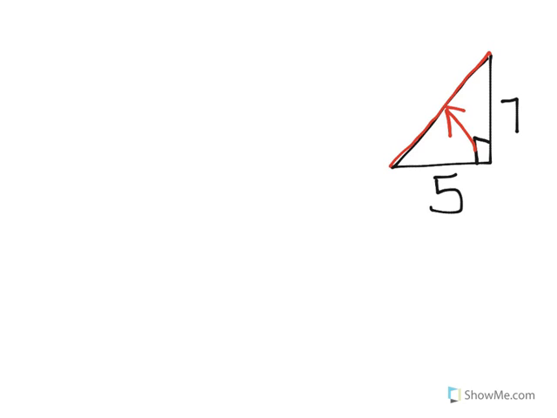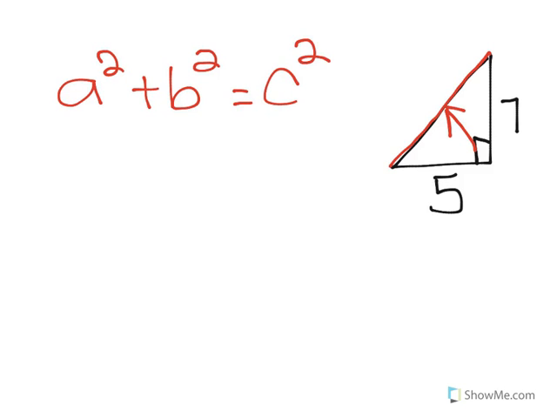So we have the two shorter sides, 5 and 7, and if we put them into the formula, it tells us that we take a squared plus b squared, and that'll give us c squared.